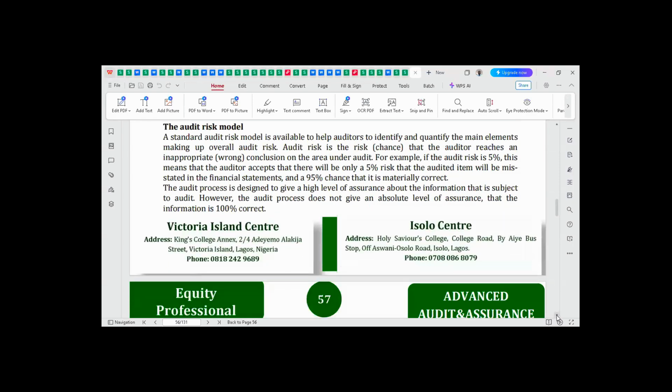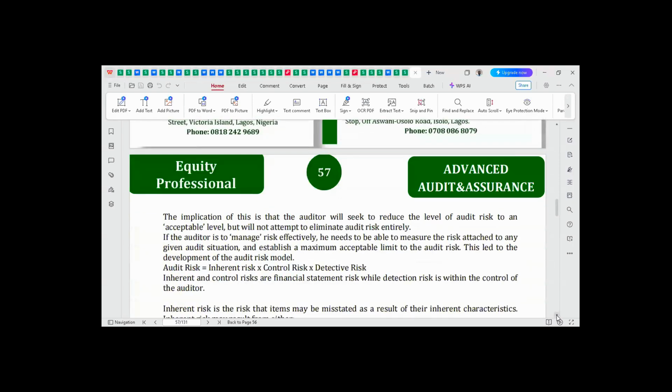So by and large, the essence of the audit risk is that at every point in time, the audit risk is brought to an acceptably low level. You cannot eliminate audit risk, okay? But you can manage it to an acceptably low level.